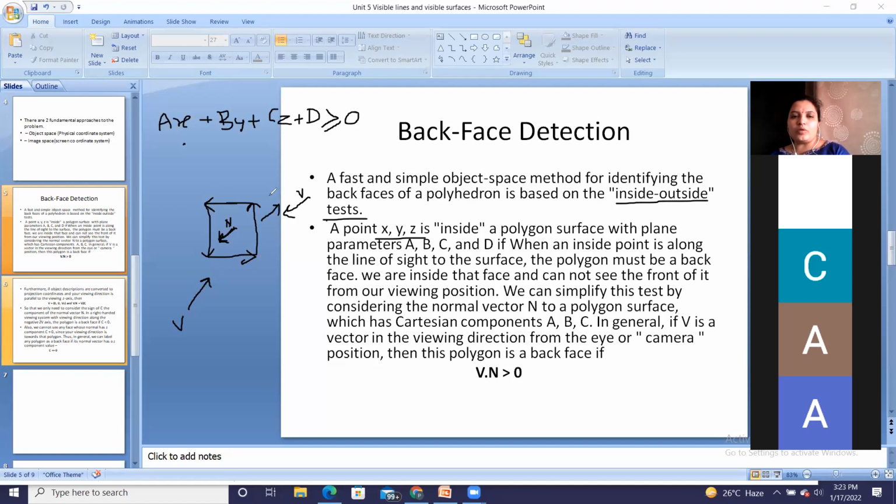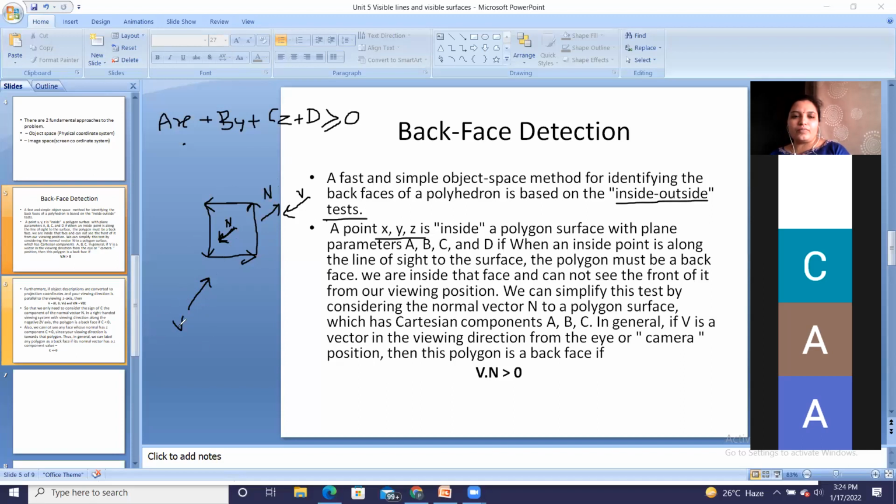and the normal is moving away from those edges, right? So here the normal is coming towards the viewer if the viewing direction is this. At the same time, if the viewing direction is opposite, that is, in clockwise manner, the normal is moving away from this viewer.